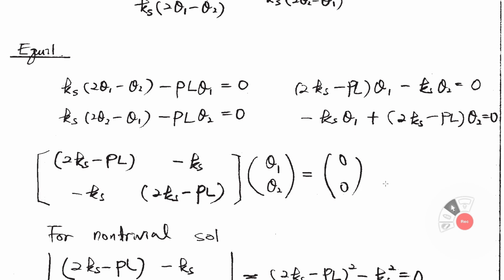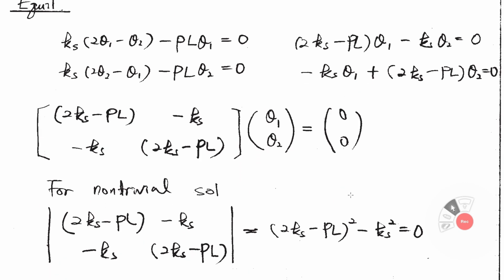Then if you write this equation in matrix form like that, for a non-trivial solution: if theta 1 equals 0 and theta 2 equals 0, then this equation is satisfied, but it is a trivial solution. That solution is not what we want. In order to get the PCR, the determinant of this matrix should be 0 from math.